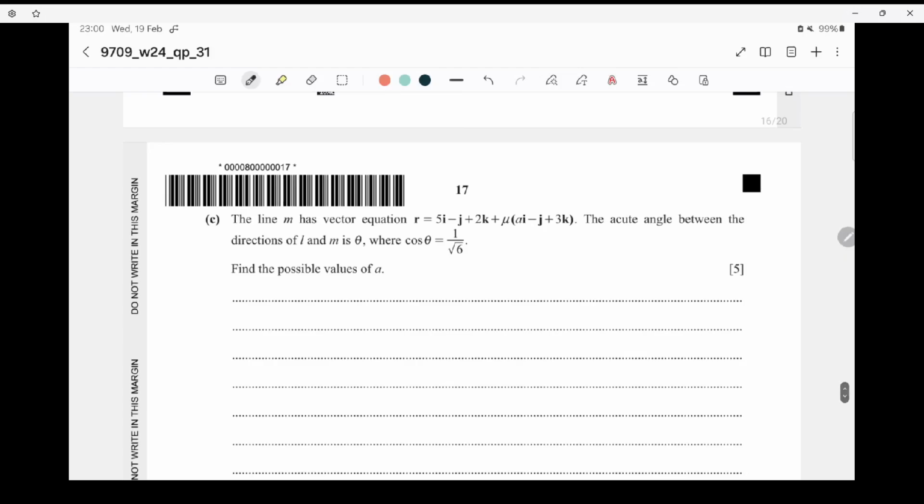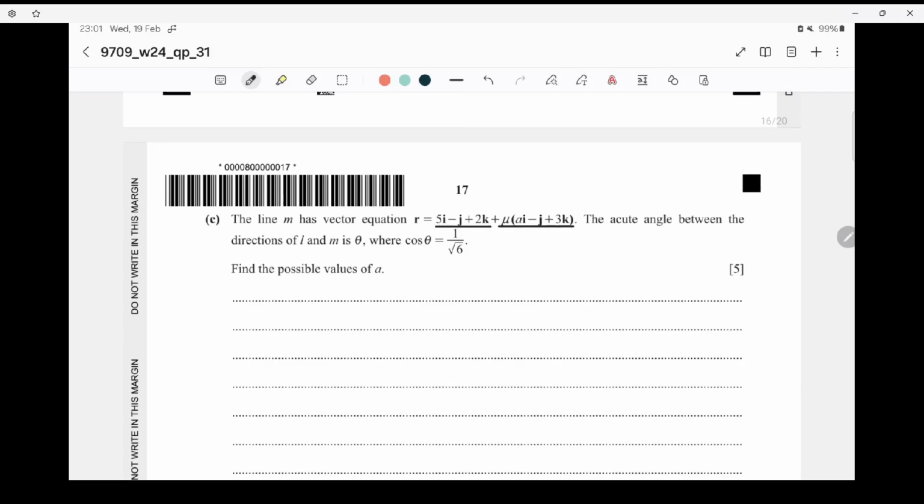So you have a line M with that particular vector equation. The cosine of the angle is 1 over square root 6. So this is a point that the line passes through. This is a direction. Alright.